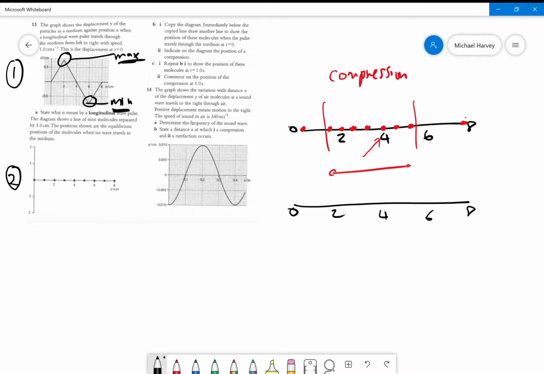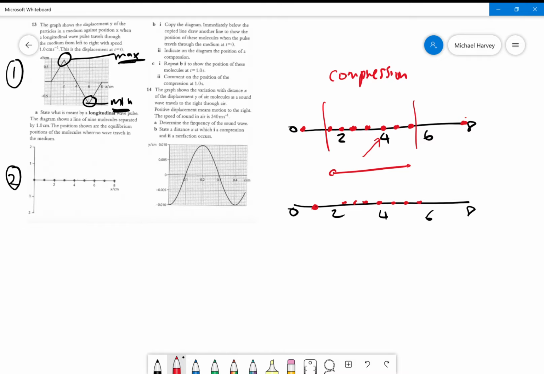So all that's going to happen is that you're going to be moving things along by 1 second, which means that now the equilibrium position that was at 0 is now at 1, and now we've got bunched up, bunched up, and so on.